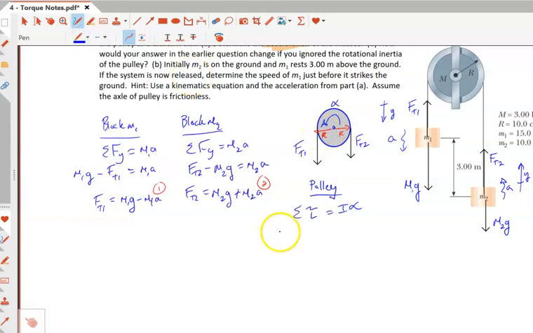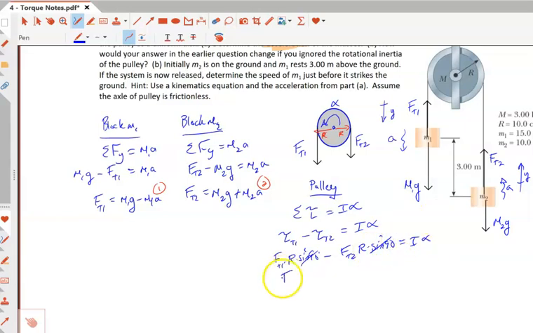So we have a torque from tension 1 and a torque from tension 2 producing this net torque of I alpha. That torque is the force of tension 1 multiplied by the radius multiplied by the sine of 90, which is just 1, minus tension 2 multiplied by R, again multiplied by sine 90, and that's equal to I alpha.